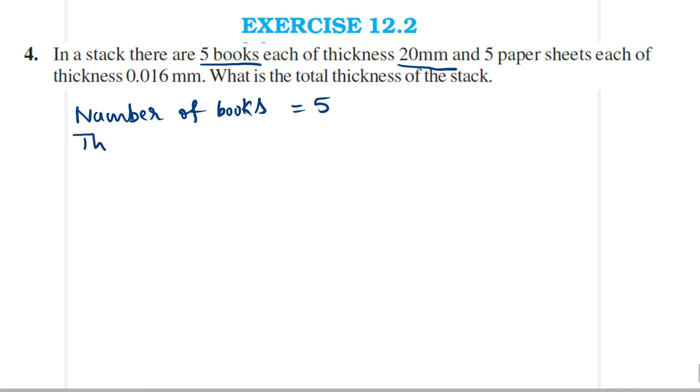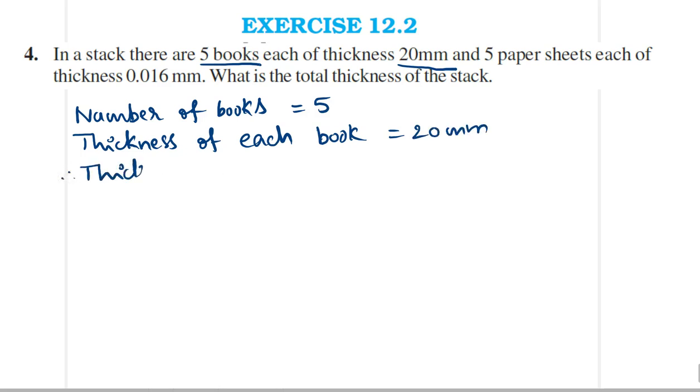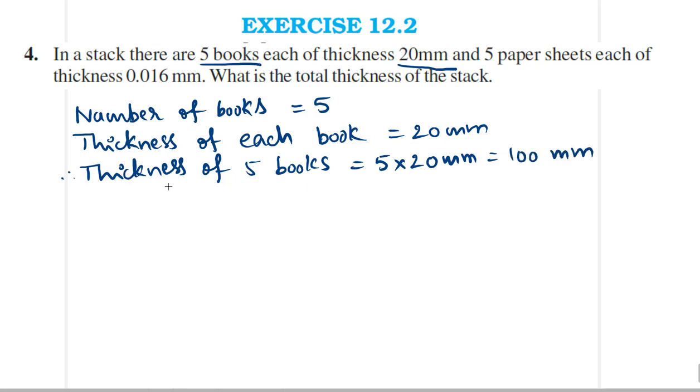Thickness of each book is equal to 20 millimeter. Therefore, thickness of 5 books will be equal to 5 times 20 mm, that is 20 times 5, which will be 100 millimeters.